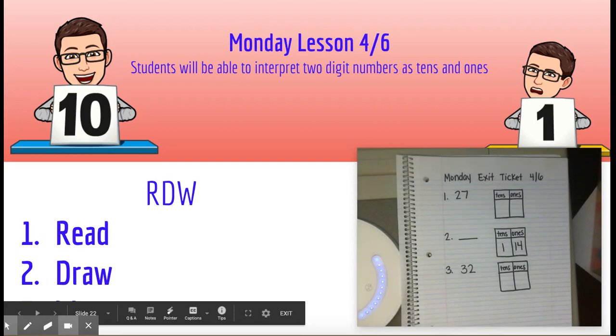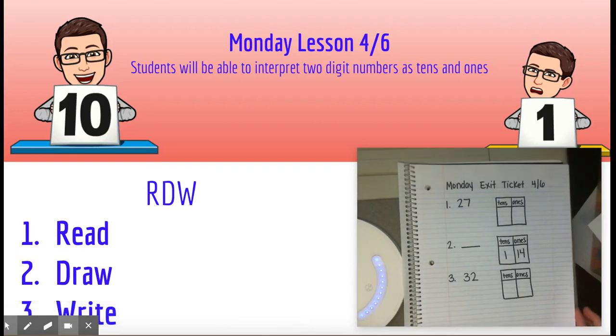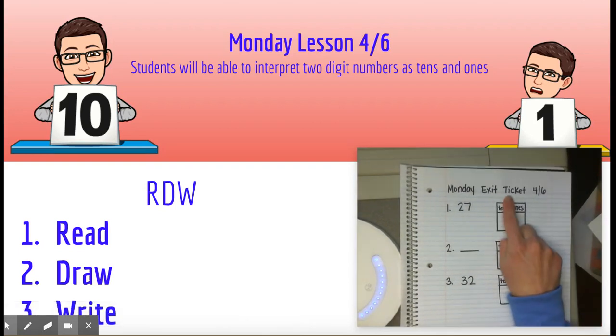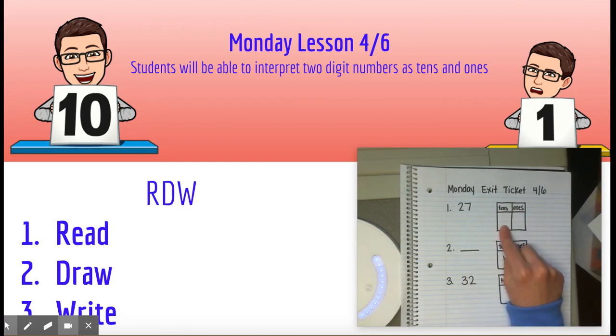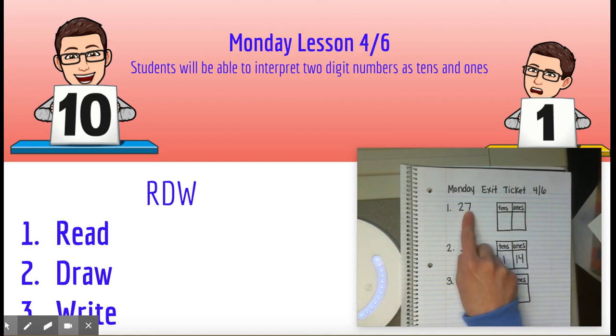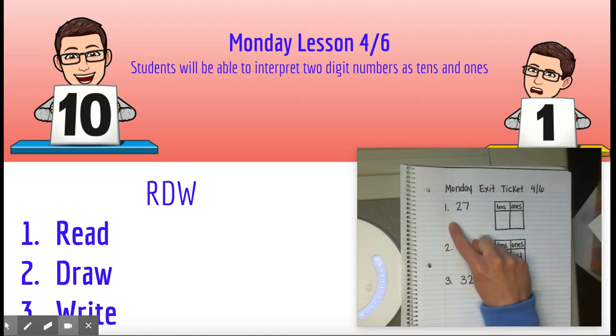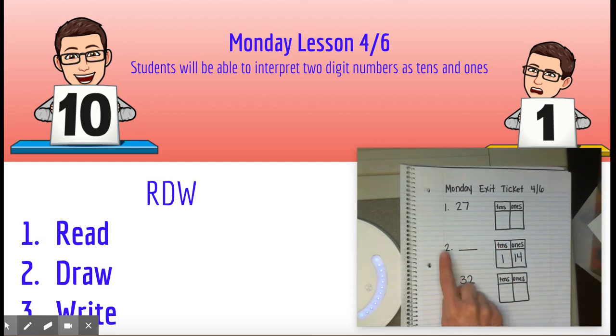All right, Kipsters, here are your practice problems or your exit ticket for Monday, April 6th. For number 1, you're going to write down 27, and you're going to tell us how many 10s and how many 1s are in the number 27. Don't forget to draw them right here. For number 2, it already told us how many 10s and how many 1s, and I see something tricky here.